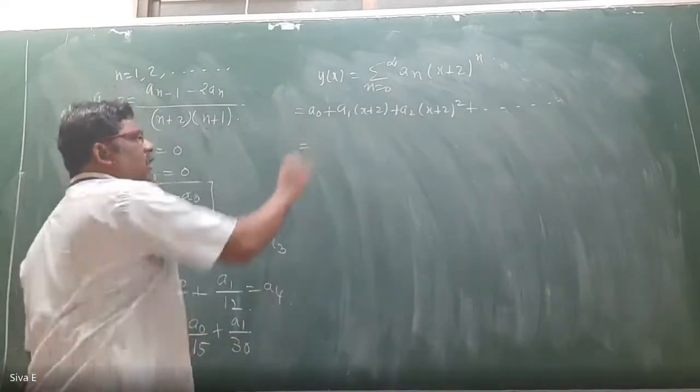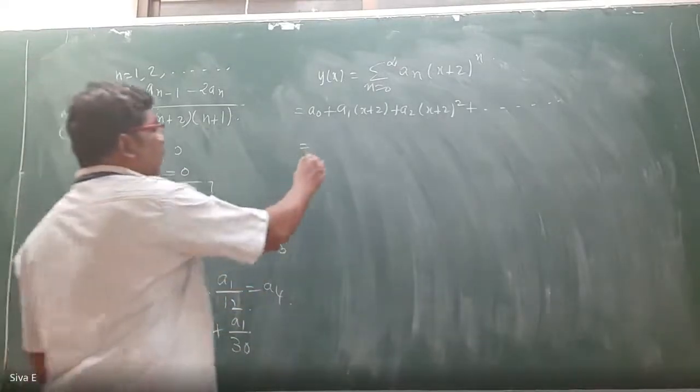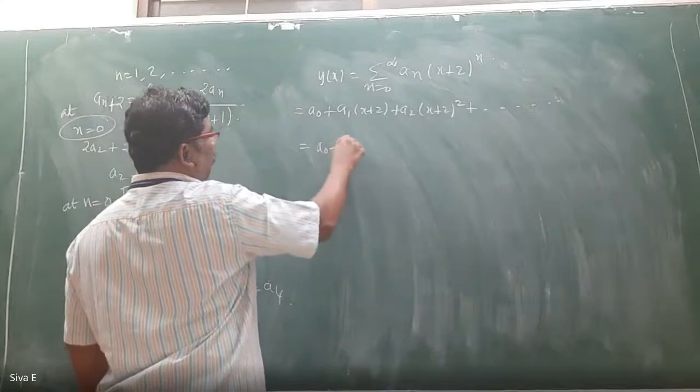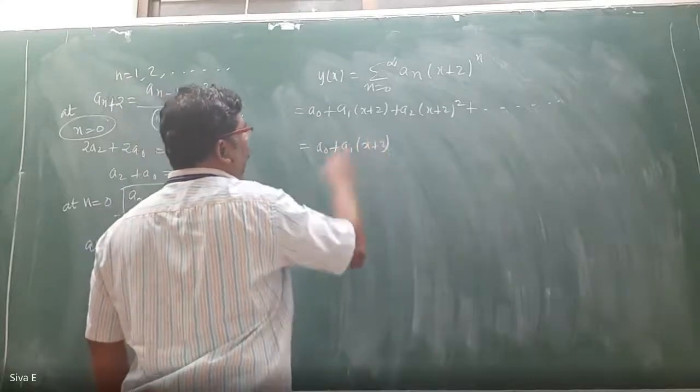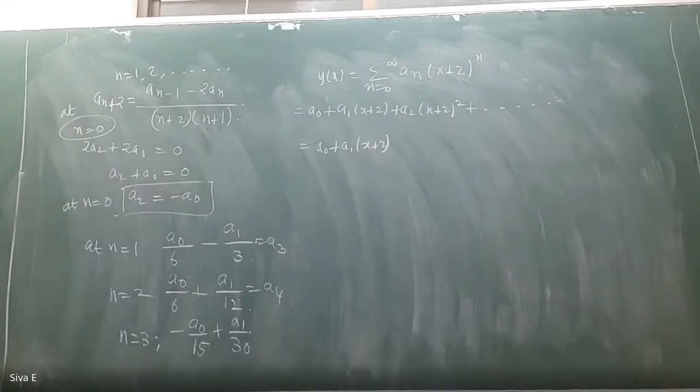This can be written as a naught plus a1 into x plus 2 plus a2 into x plus 2 whole square.